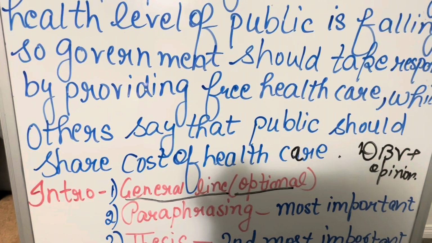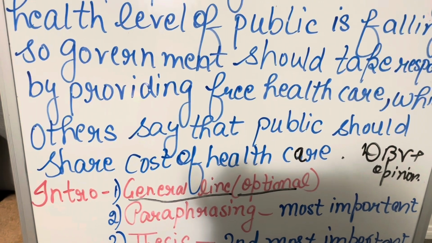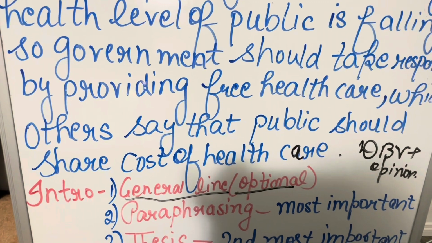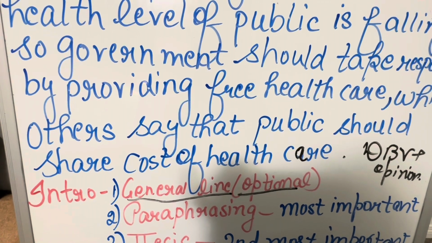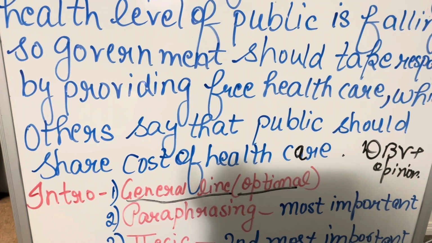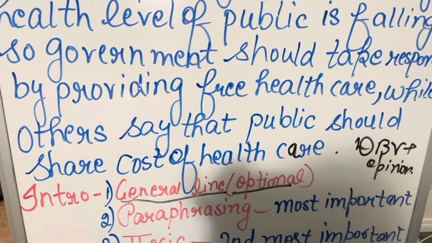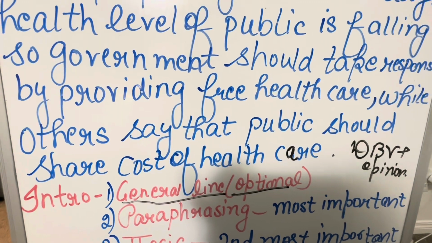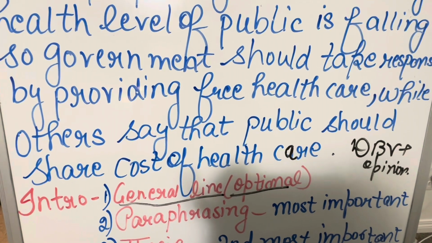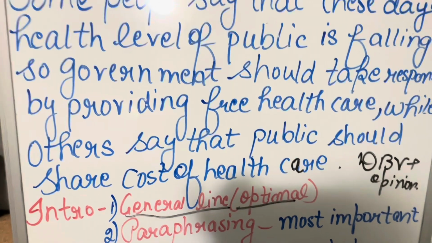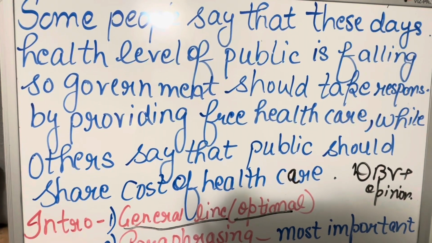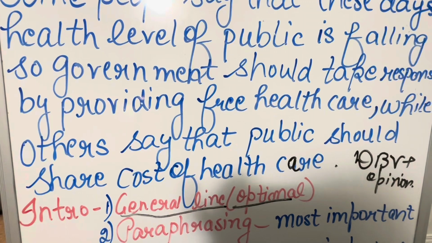But students, let me clear you that the general line doesn't have any impact on your essay. No matter whether you're writing a general line or not, your bands will remain the same, right? But if you are writing a wrong general line, that could have a negative impact on your essay. So if you know a general line absolutely relevant to the keywords of the essay, only then write it, otherwise ignore it.